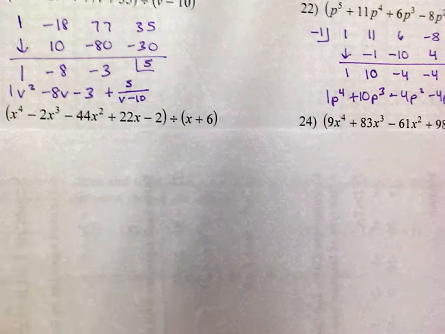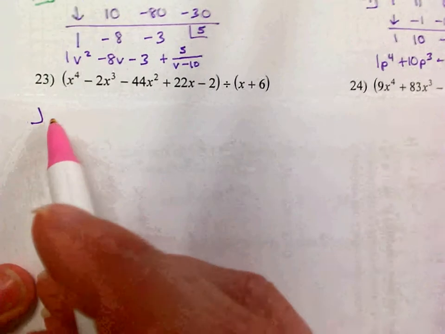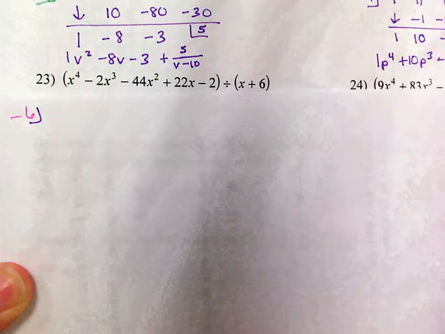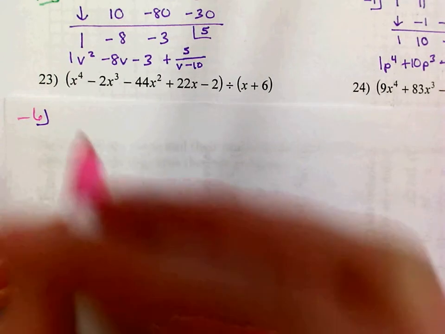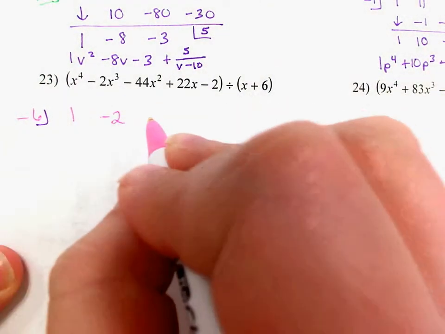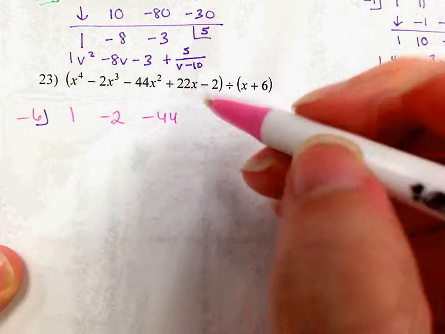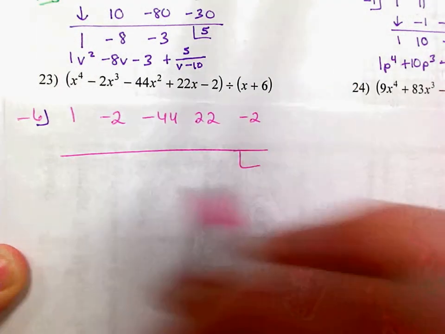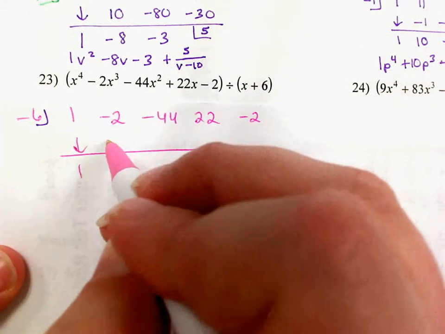And then across the top, 1, negative 2, negative 44, 22, and negative 2. Bring down the 1 and I've got, add and I get, multiply and I get positive 48, add and I get positive 4.